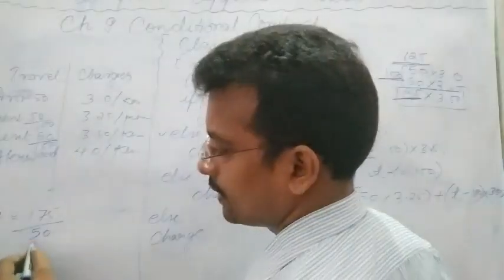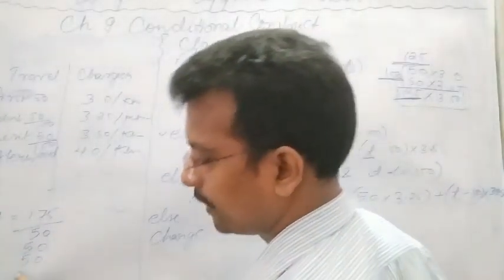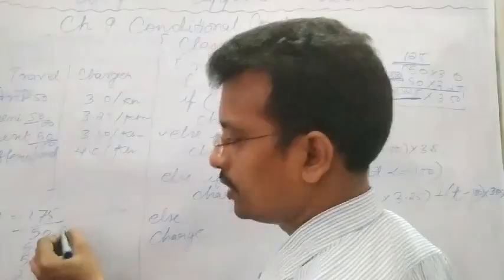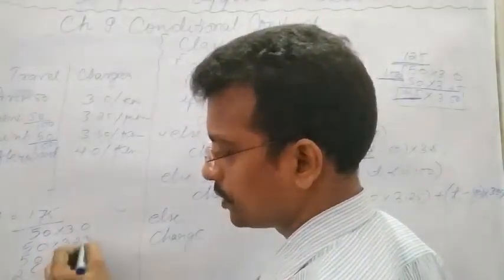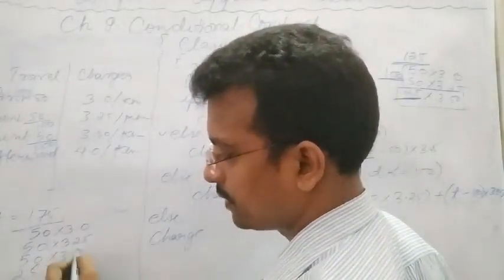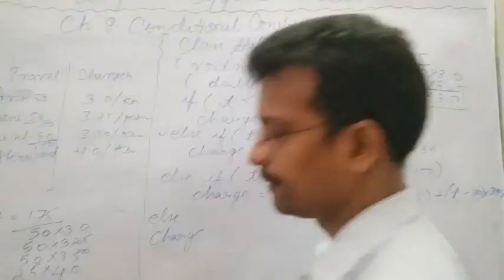How will it be broken? First 50, second 50, and third 50. How much have we covered? 150, and the next 25. This will be calculated with 3 rupees, this with 3 rupees 25, this with 3 rupees 50 paise, and finally this with 4 rupees.